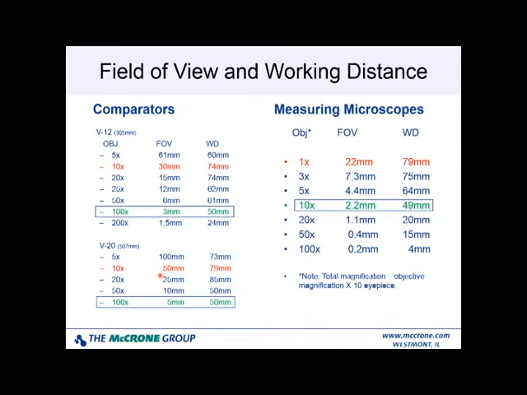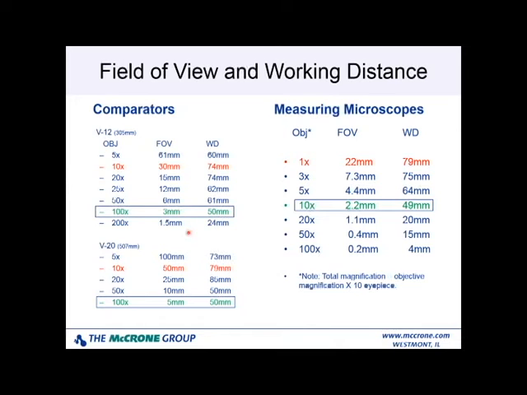If you look at a measuring microscope, in order to get to 10x, you have to multiply the 1x objective times 10x eyepieces. This combination gives you a 22 millimeter field of view, similar to that of a 12-inch comparator, but much smaller than the 20.